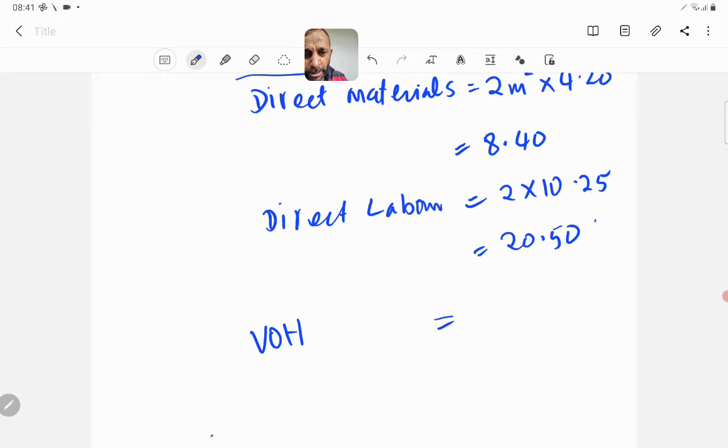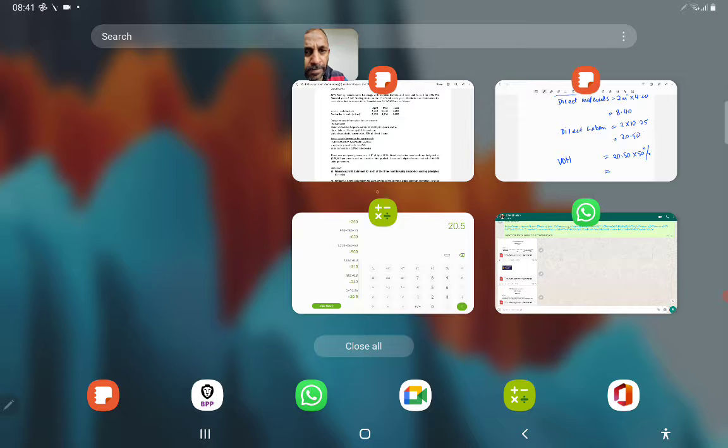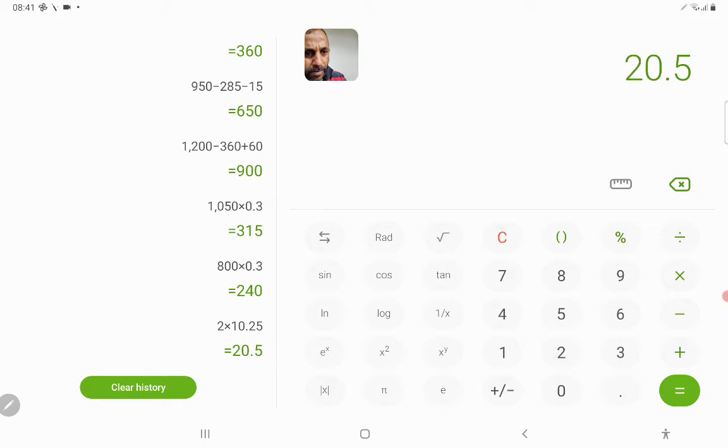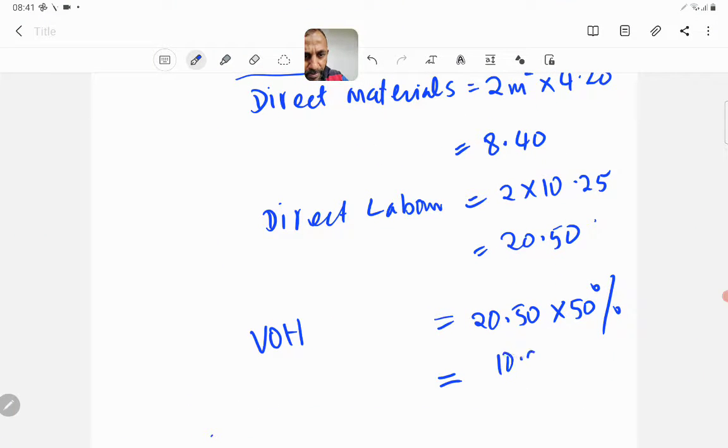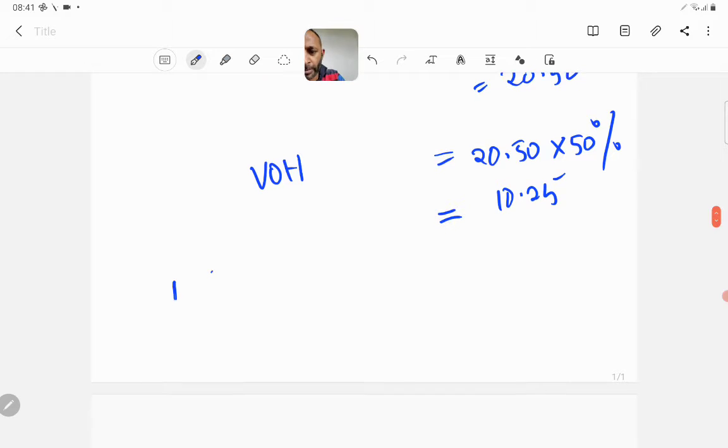Variable overhead is 20.5 into 50%, which is 10.25. Now let's take the total variable cost.